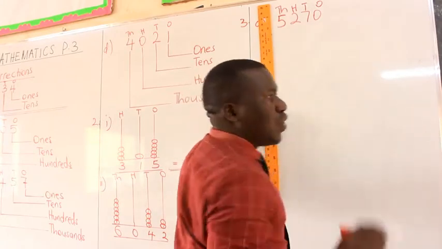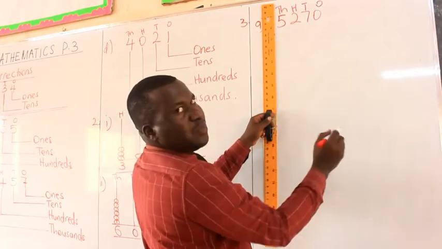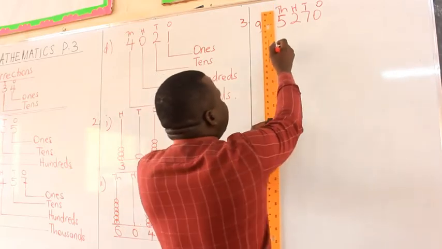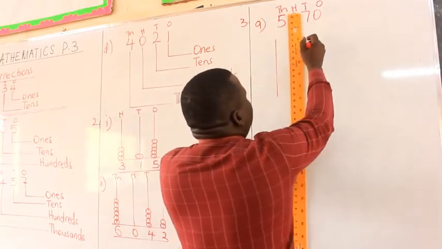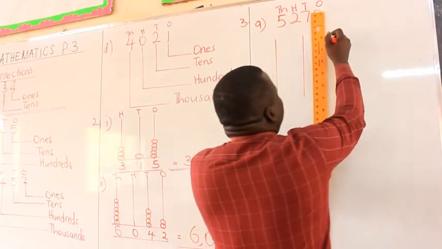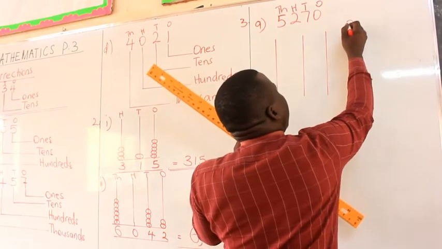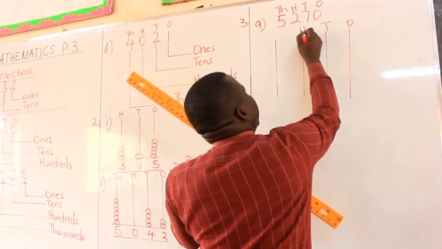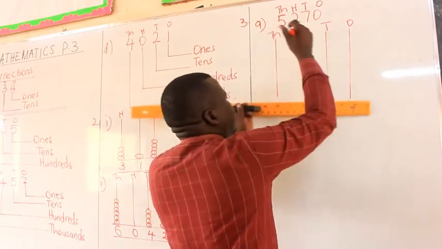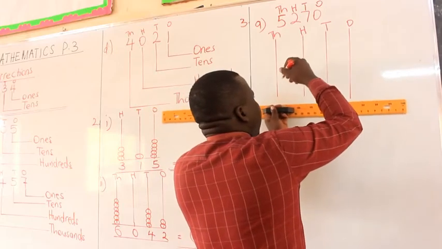So you draw your abacus from ones place value to thousands place value.